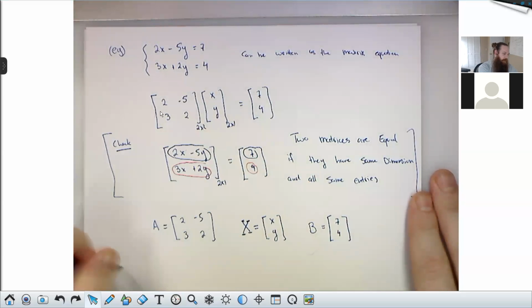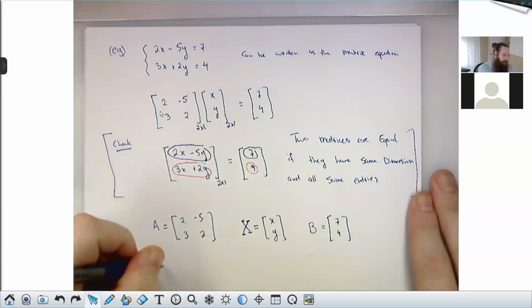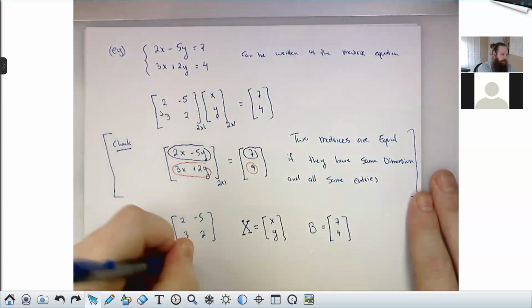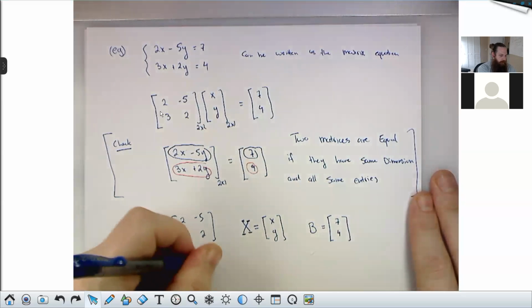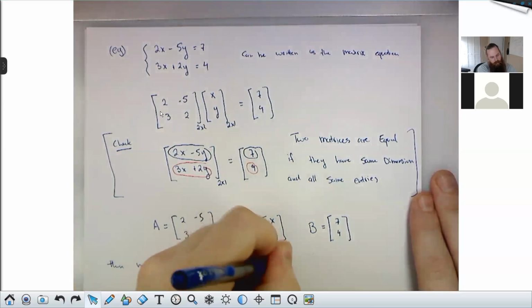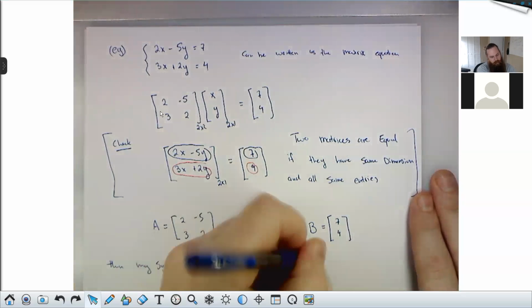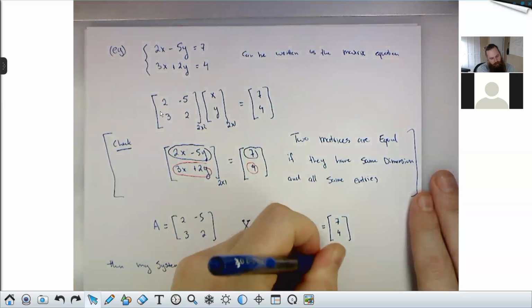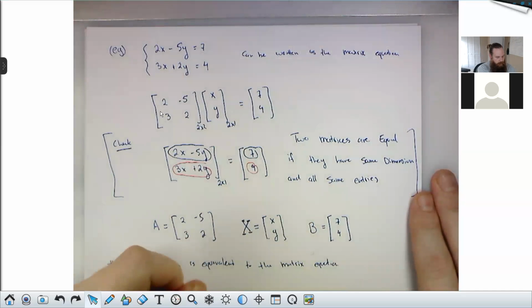Then my system is equivalent to the matrix equation, which is what we just checked, AX equals B.